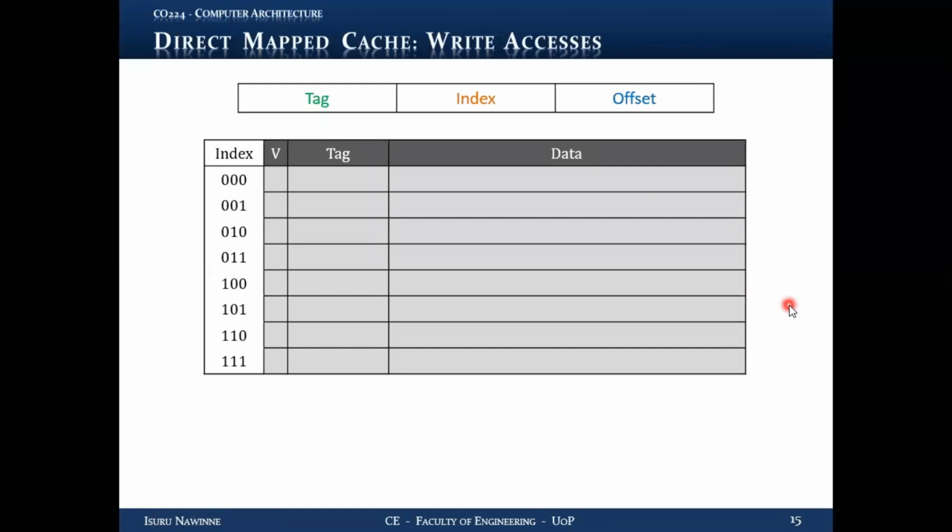Right. Now we have our cache and there's an incoming access with a write. This is a write access. So what are the other signals accompanying this write access?